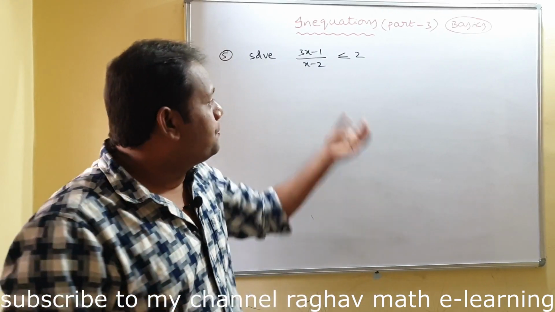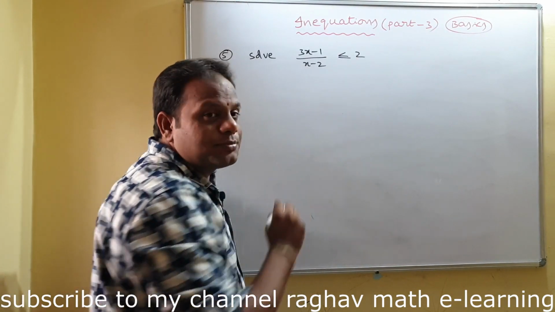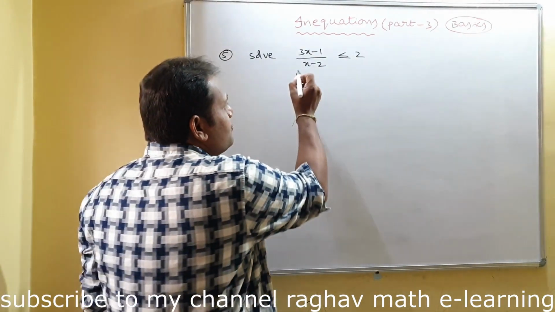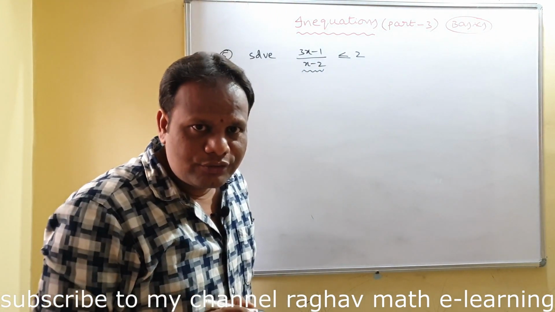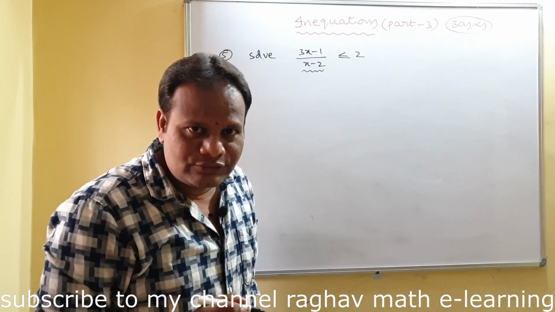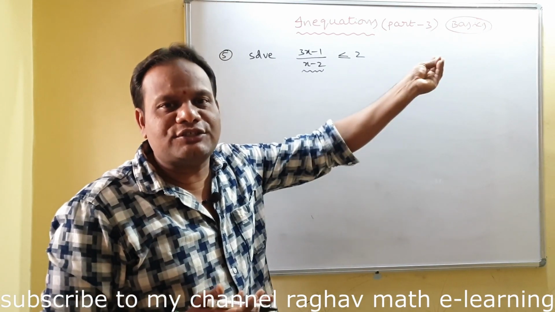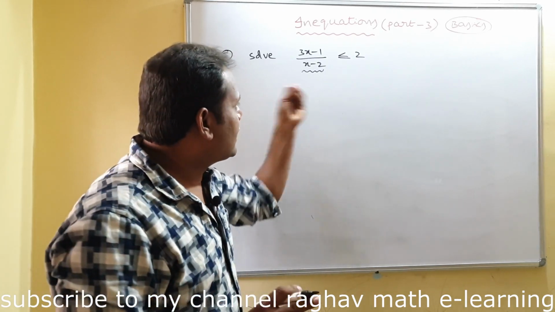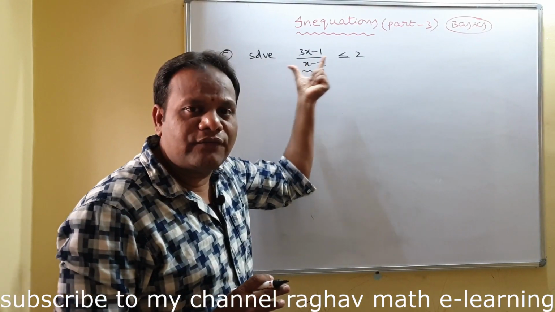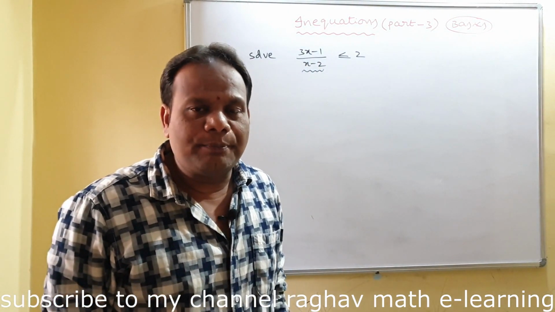Is it? But here, if you want to do cross multiplication, you have to multiply with x minus 2. So, do we know the sign of x minus 2? No, we don't know that x minus 2 may be positive or it may be negative. Is it? That is the reason we are not aware of the sign of x minus 2. So, we can't go for cross multiplication.